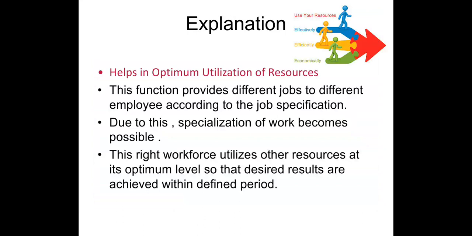This function provides different jobs to different employees according to the job specification. Due to this, specialization of work becomes possible. The right workforce utilizes other resources at their optimum level, so that desired results are achieved within a defined period. Like in your house, your mother cooks every day, so she gets an idea of how much quantity she has to cook.